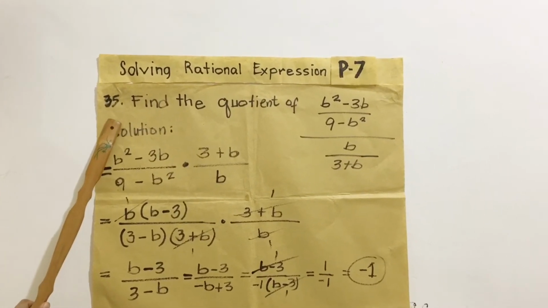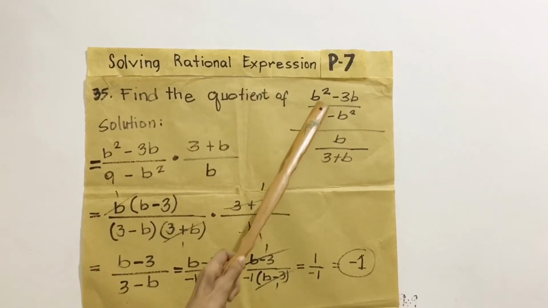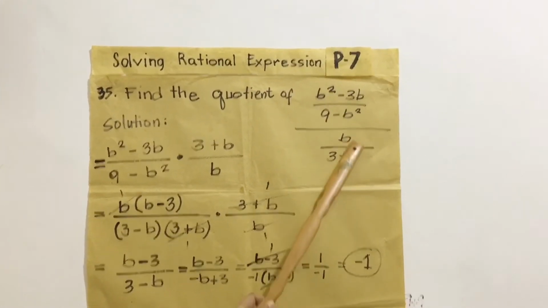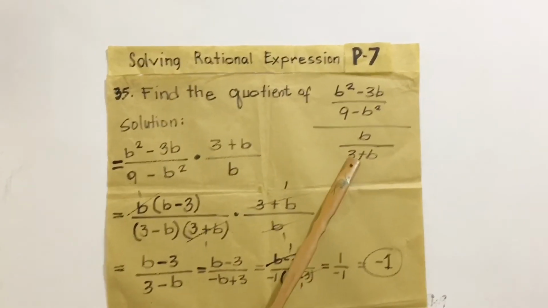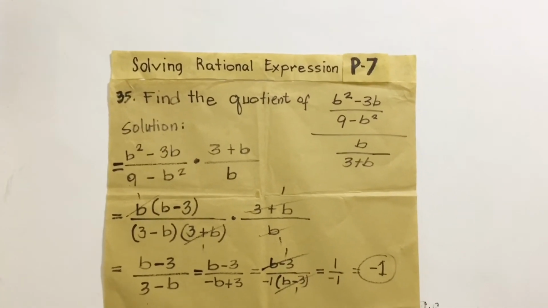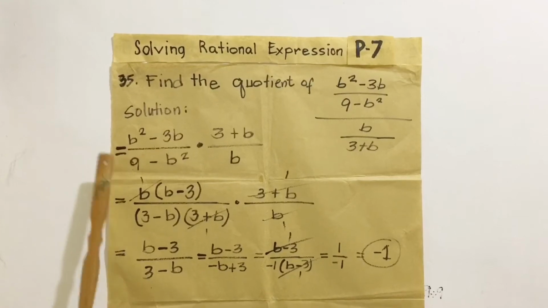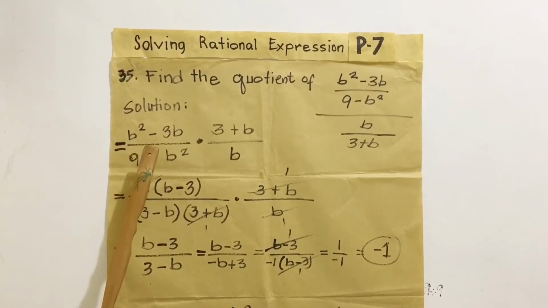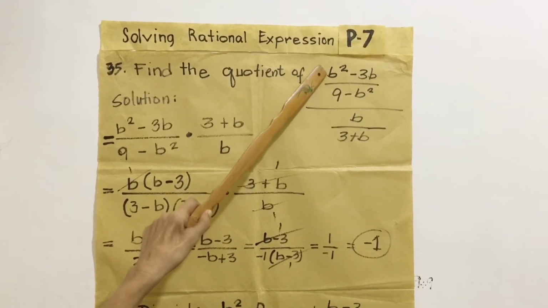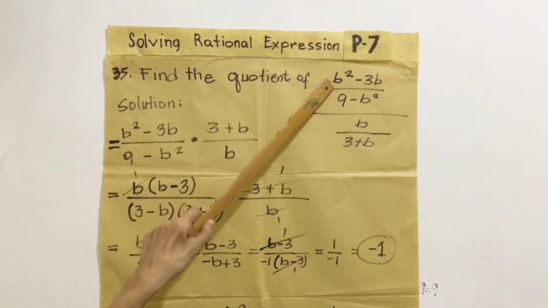Number 35. Find the quotient of (b squared minus 3b) over (9 minus b squared), all over b divided by (3 plus b). So our solution is we have to arrange first. We're going to segregate the rational expressions.